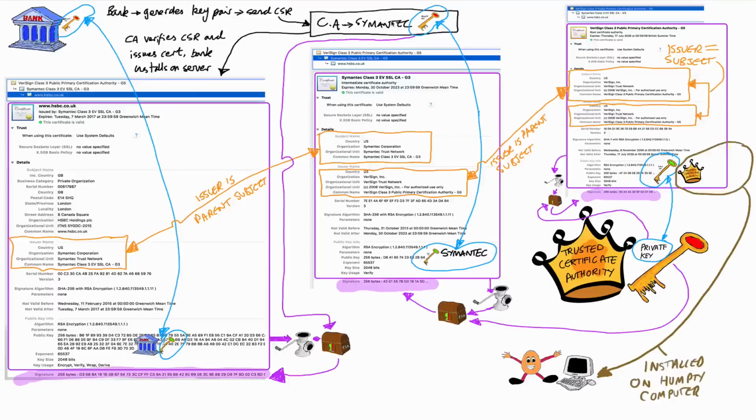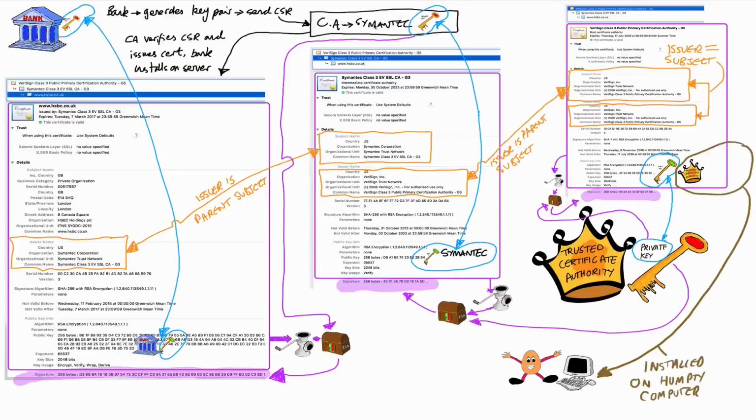Because who's to say, for example, that somebody could pose as Symantec, create their own certificate that says they are Symantec, generate their own public and private keys and then pretend to be Symantec? So, we're really getting into the nitty-gritty here. But effectively, Symantec are an example of what's called an intermediate certificate authority.